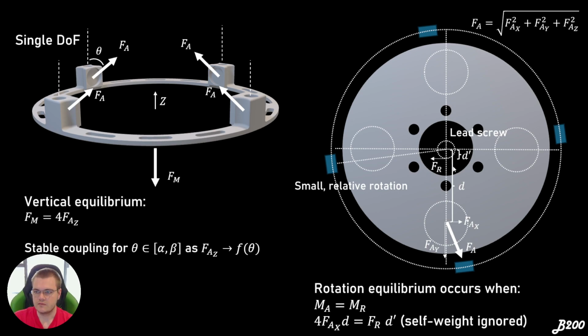And because the lever arm D is much greater than the distance between the lead screw and the threads, we actually need a very small force or a very small delta of rotation to keep that disc in place.